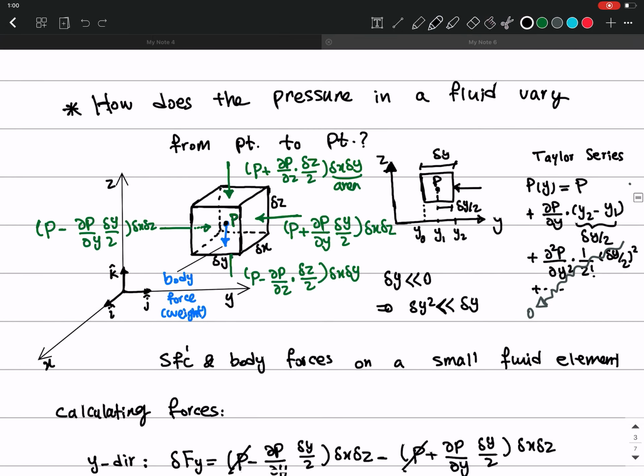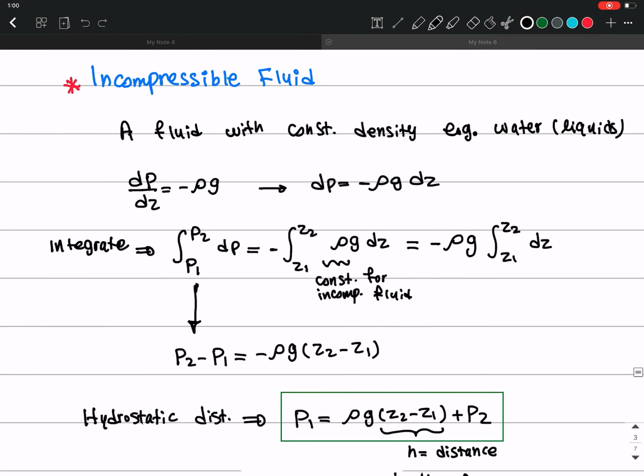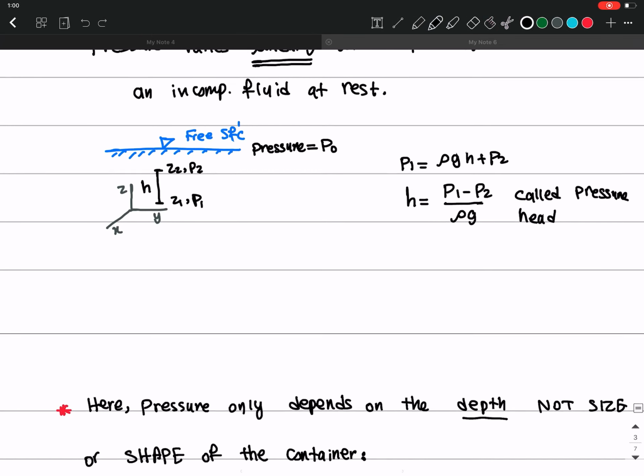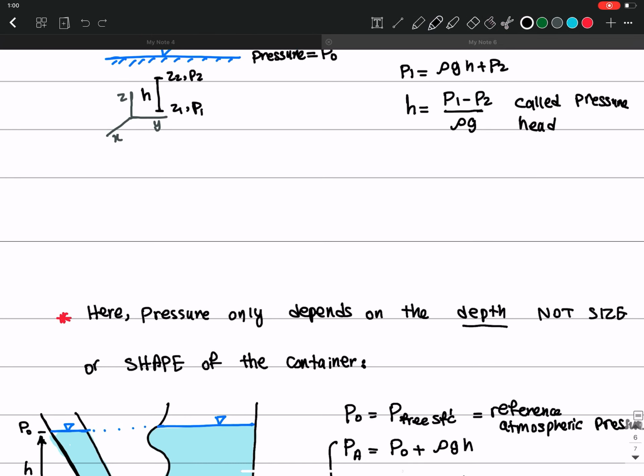Okay, so I'm going to solve some examples of that, and then we are going to talk about the barometers, how they measure the pressure in the fluid, and also solve some further examples about those. So most of the next lecture, I'm going to solve some examples so you see the problems for this hydrostatic pressure. And then after that, we are going to go toward more complicated shapes and geometries.